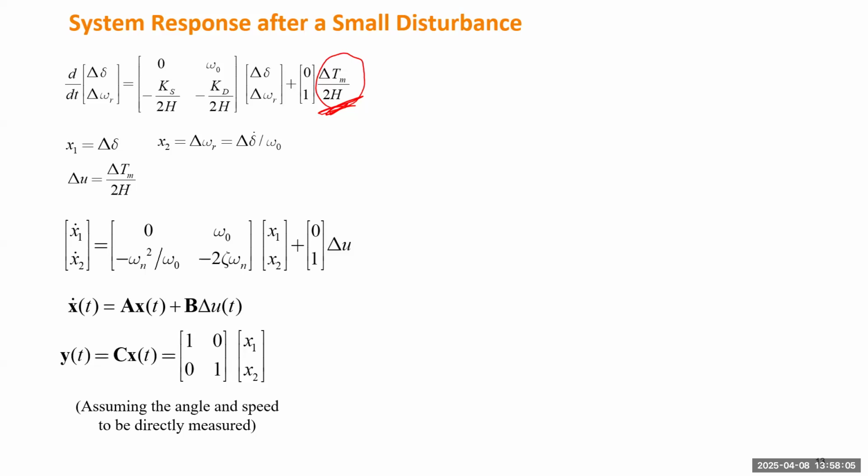For this case, if we assume the angle and speed can be directly measured, this output channel will be modeled by a unity matrix. Okay, so Y here is basically the same as the state variable. But if you are not able to measure the angle and speed directly, this C matrix will not be an identity matrix.